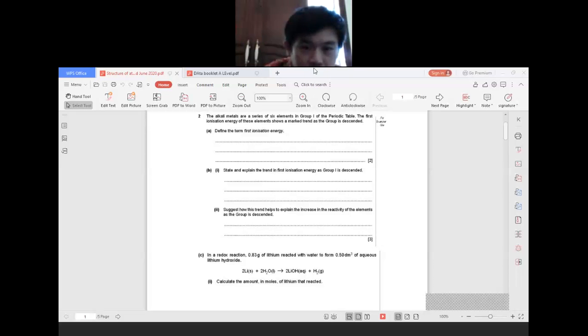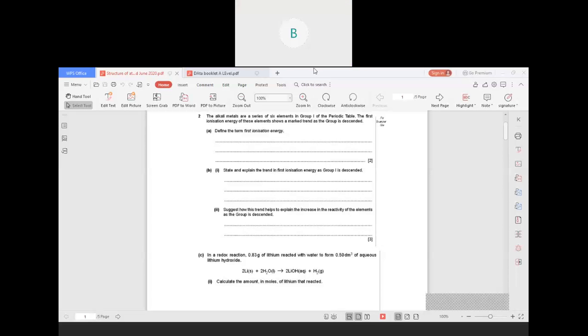And then number 3, the third point, B, second point: suggest how this trend helps to explain the increase in the reactivity of the elements as the group is descended. Let me ask Bavia, how does the trend explain the reactivity of the elements as group 1 is descended?